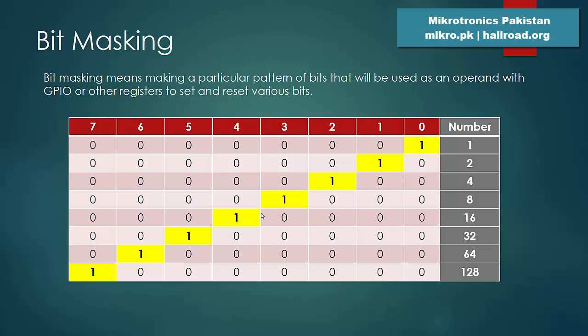This is because in microcontrollers you cannot set individual bits directly. The microcontroller performs the operation on the entire word, not even a byte. The word in 8-bit computers is 8 bits, which is 1 byte.